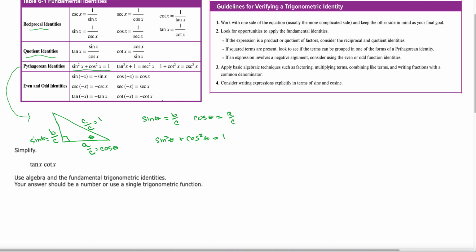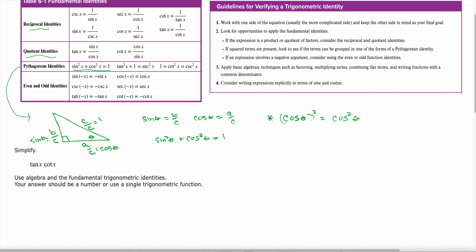But I just wanted you to know that that is related to the Pythagorean theorem that you already know and how those are derived. Another thing I think that is good to point out is that when we're squaring a trig function like cosine squared, we write it as cosine squared theta. So that notation you'll see that you may or may not be familiar with.